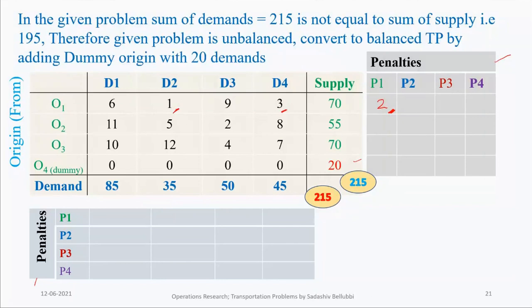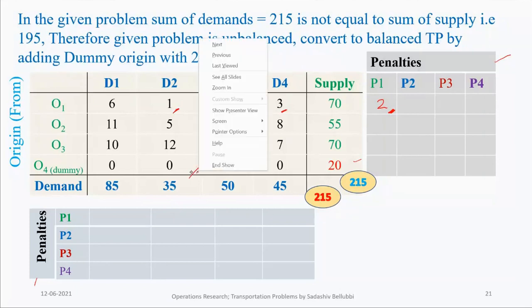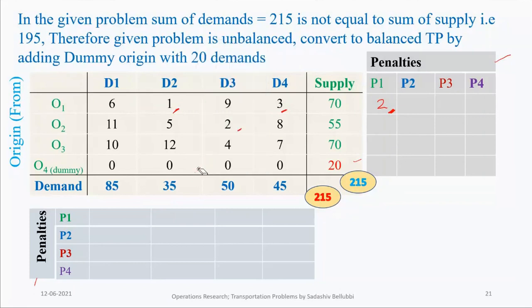For the second row, we need to identify the least numbers, 2 and 5. The difference is 3. Likewise, for each row we need to write. For the third row, 4 and 7, it is 3. And in the last row, all are 0, so the two minimum numbers are 0 and 0.